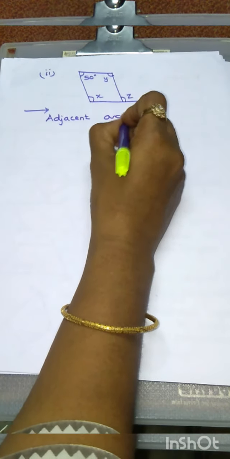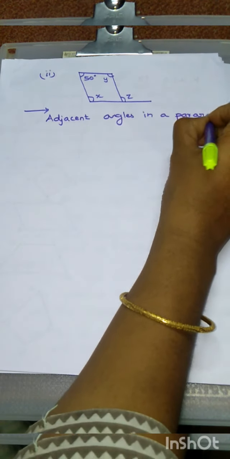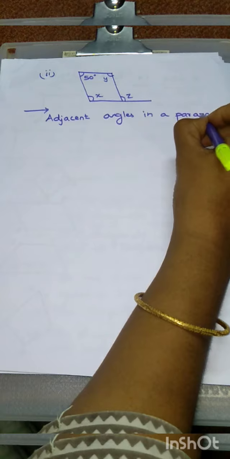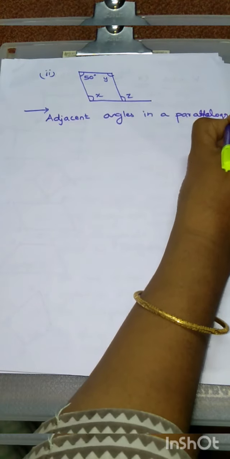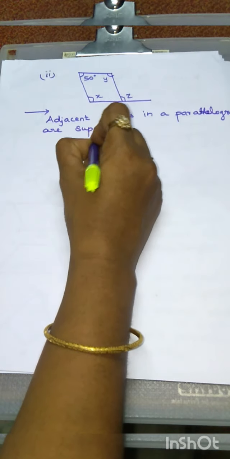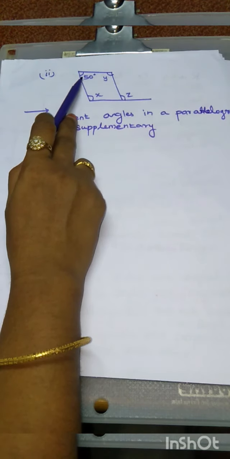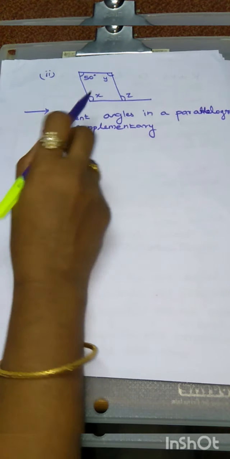Adjacent angles in a parallelogram are supplementary. We know only one of the angles, 50 degrees. So we have to take 50 plus x is equal to 180 degrees.